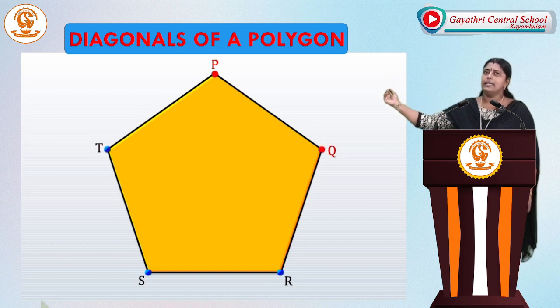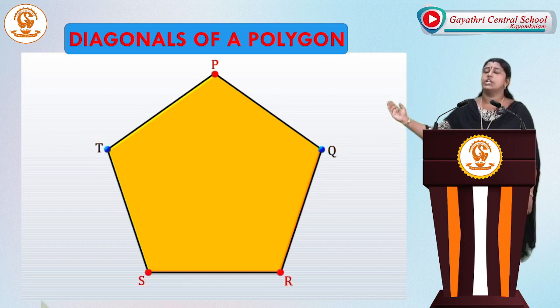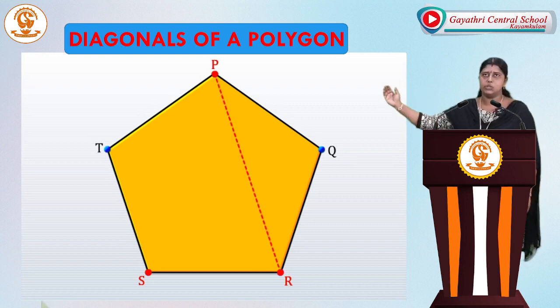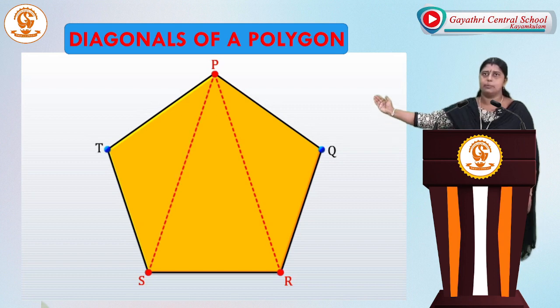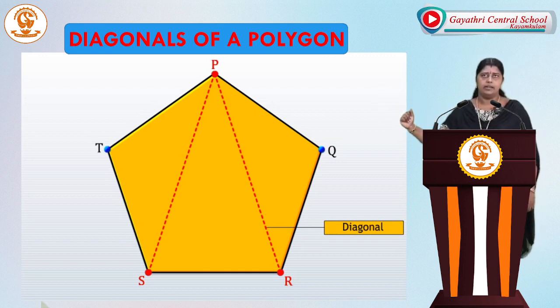We can draw line segments in the polygon by connecting any two non-consecutive, non-adjacent vertices. Can you see? PR is a line segment. Again, PS is another line segment here. These are the diagonals of this polygon.